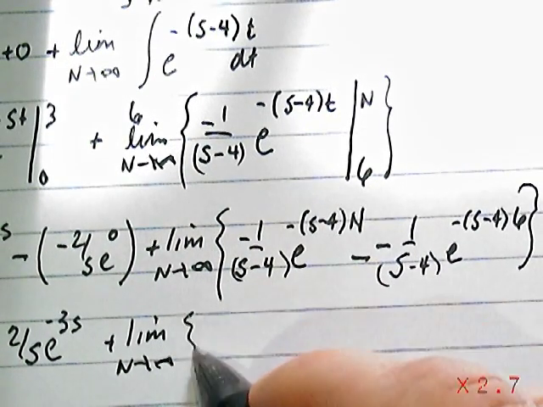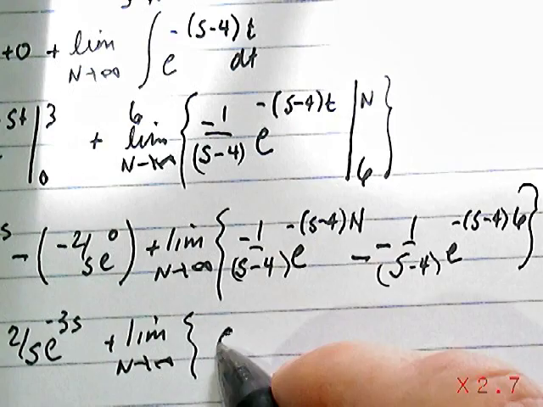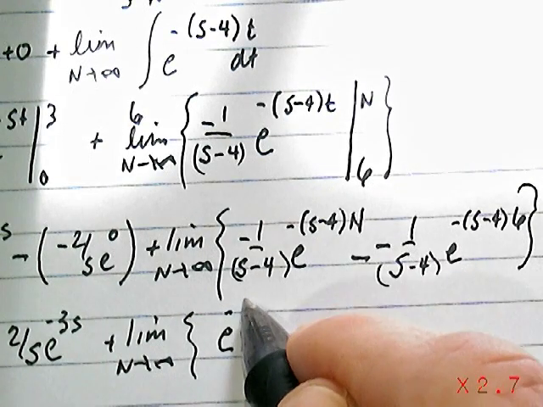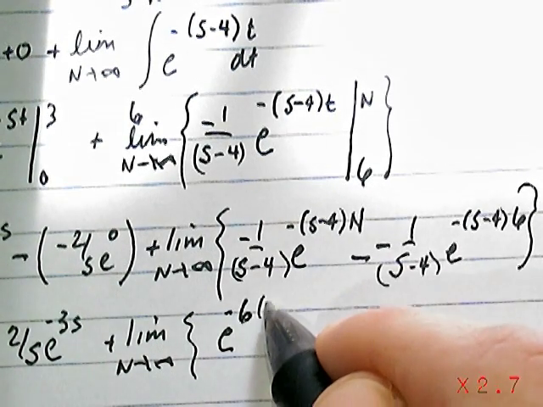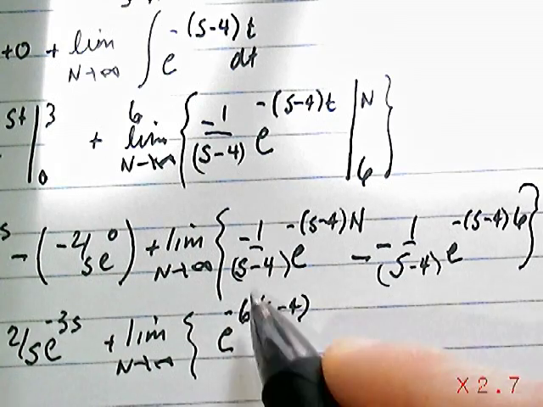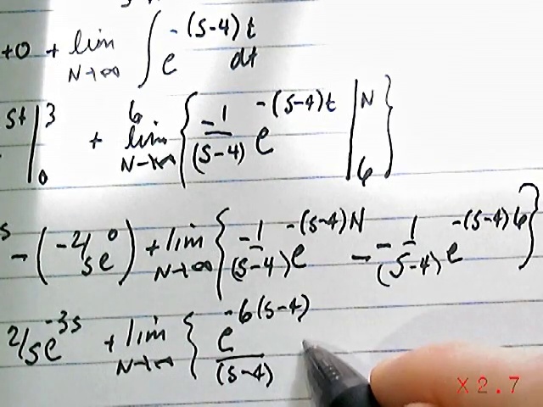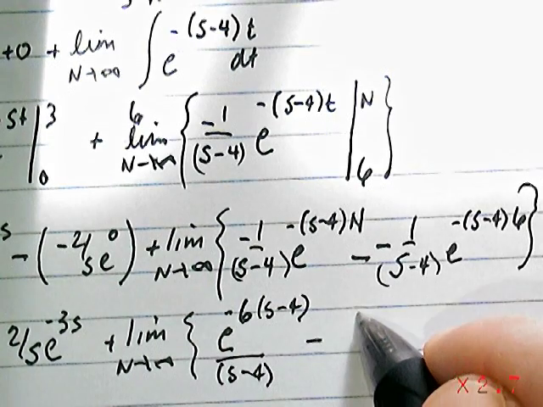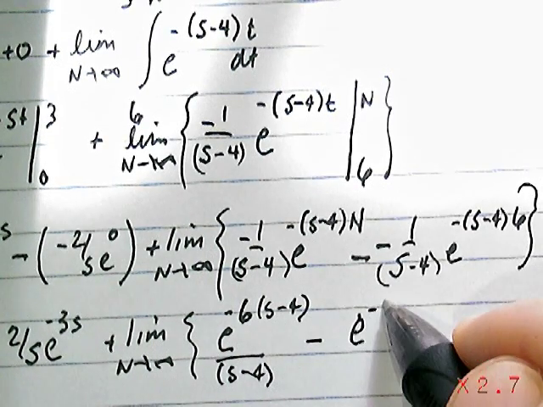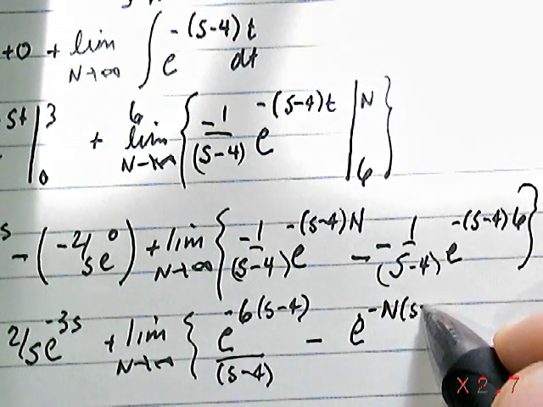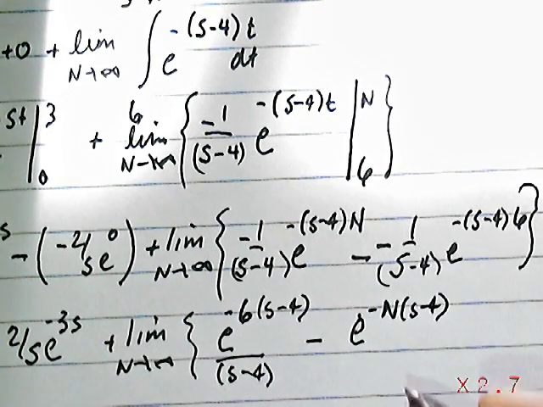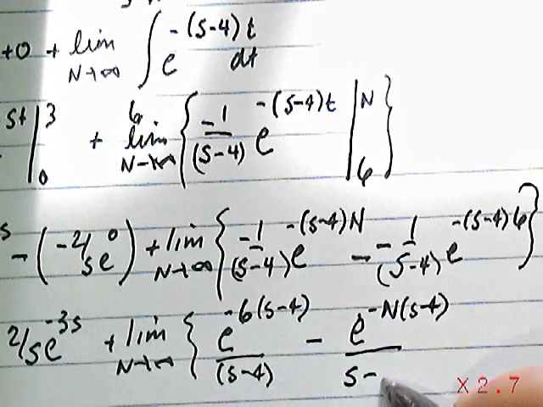Since that's going to be positive, we could write it this way, e to the negative 6 times s minus 4 over s minus 4, minus e to the negative n times s minus 4, just flipping the exponents around a bit, over the quantity s minus 4.